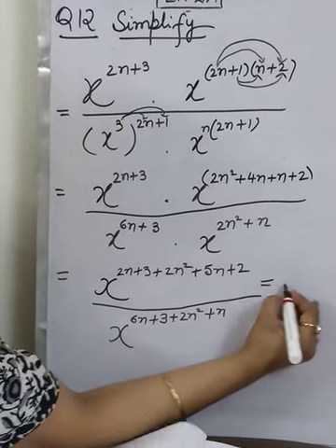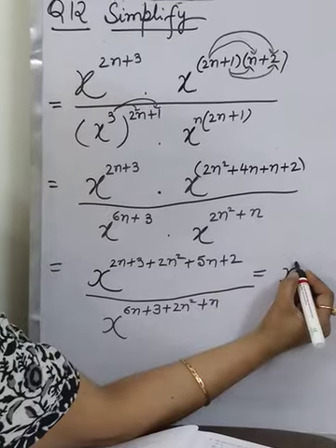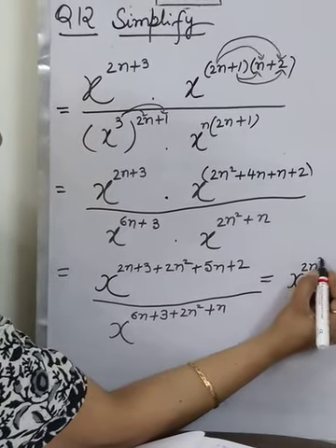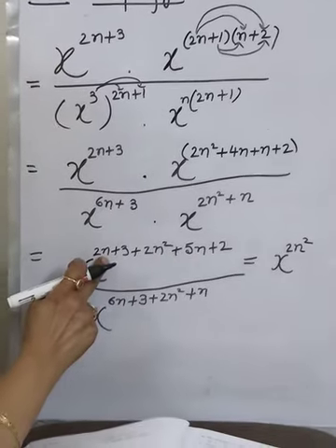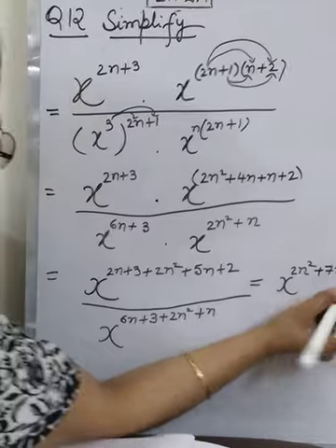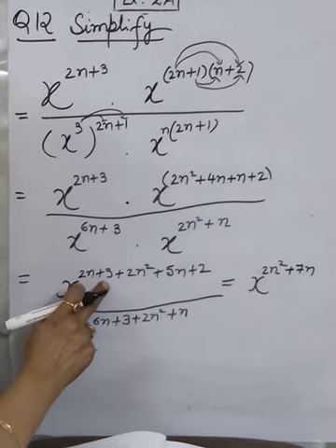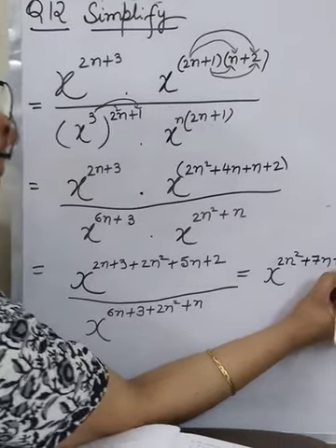So what we get here? x to the power, first you write the term with the highest power, 2n square, then 5n and plus 2n will become 7n, plus 3 and plus 2 will become plus 5.